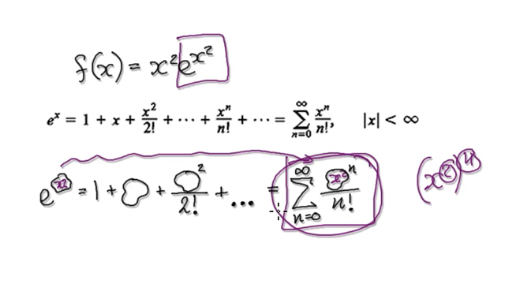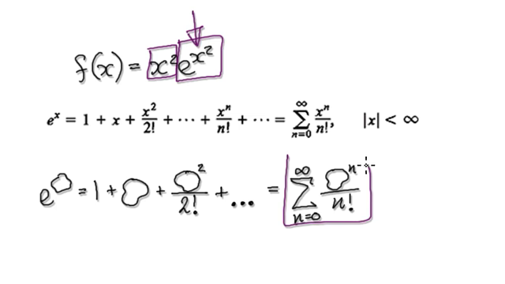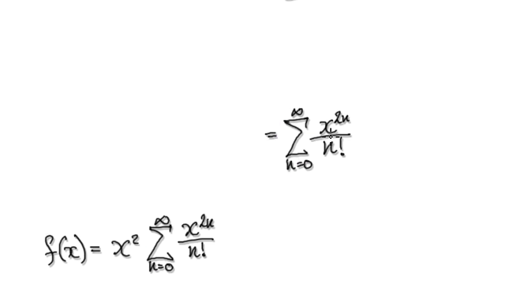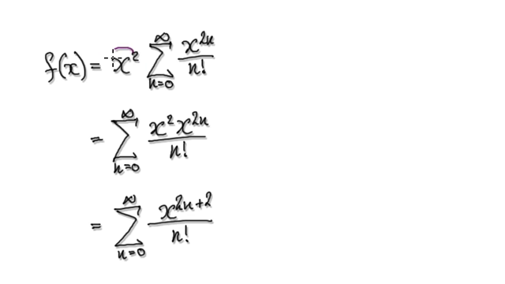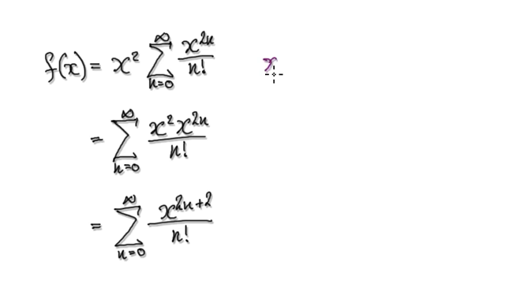So what it means is, here you've got one block multiplying another block. Well, this block here is this block here. So our function would be x squared times this series. When you look at this series, it will be something plus something plus something, and so on.